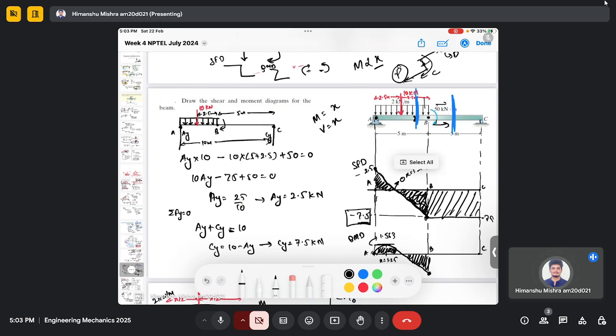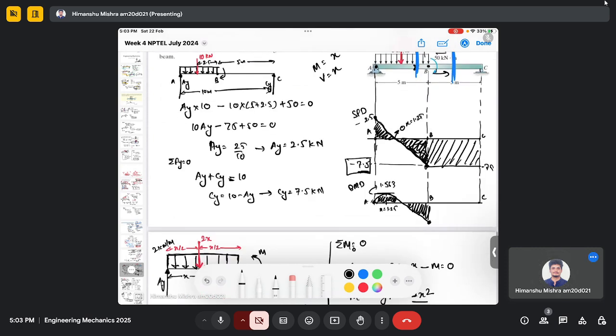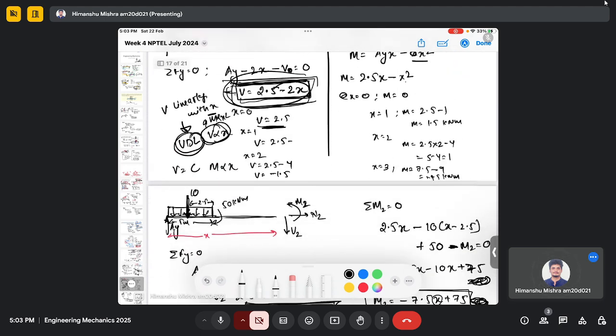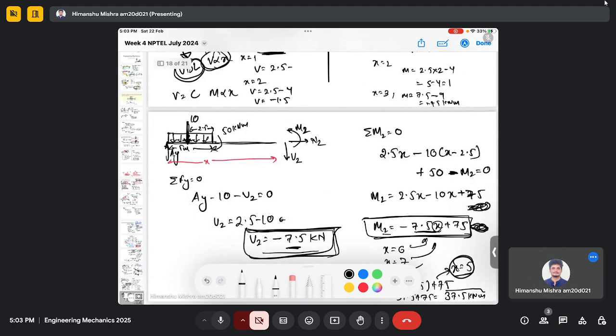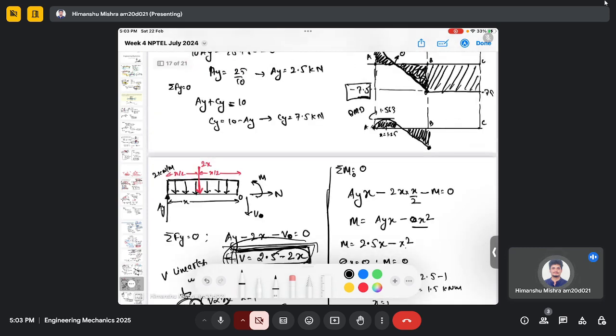From the previous analysis, we have not calculated it, but we got some negative bending moment at x equals 5 meter. From this present analysis, at the same location, we got a positive value of 37.5. So there is a discontinuity. From here, it directly jumped to 37.5.